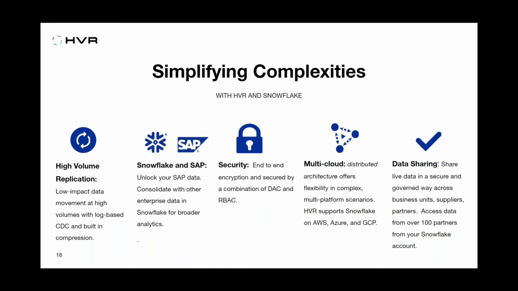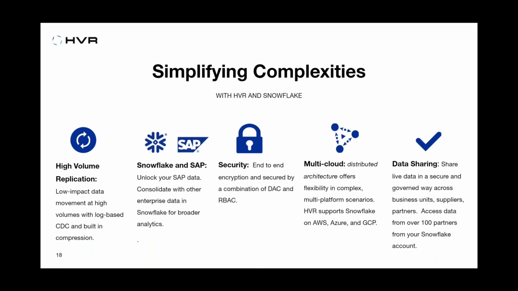So a little bit about HVR and Snowflake together. HVR is all about that low impact data movement, taking high volumes of transactional data, grabbing it out of the log systems of your RDBMSs and other systems, and then logically replicating it across. HVR has things like built-in compression because we reverse engineered the transaction logs. We get a great understanding of that data and can compress it in immense ways, as well as for security.